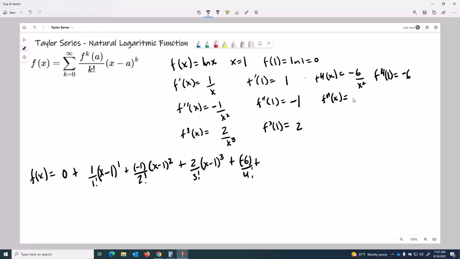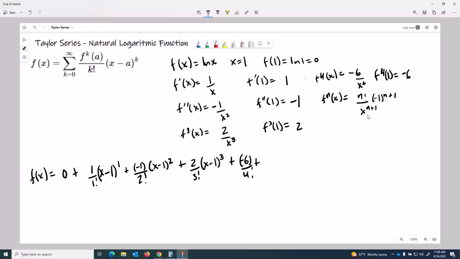We started at k equals 0, right? Okay, so it looks like our formula is n factorial divided by x to the n plus 1. But here we're just plugging in 1, and notice that it switches in sign, so negative 1 to the n plus 1 actually.